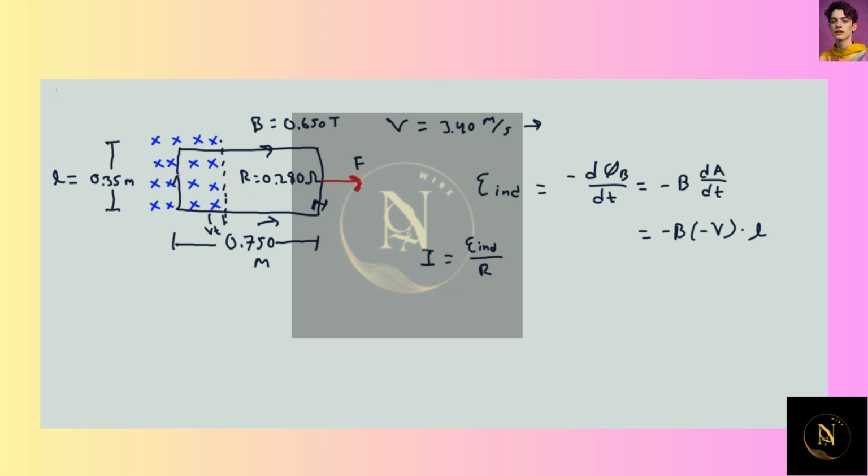So that means at this point, the current will be flowing upward on the portion of the loop that is immersed in the magnetic field.